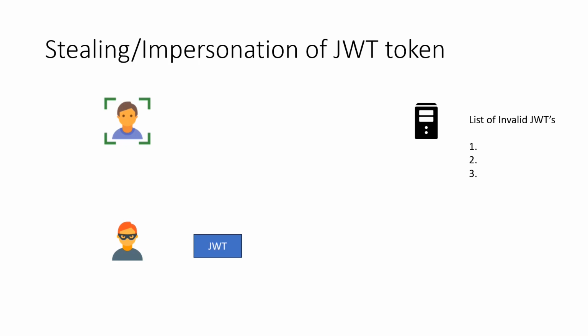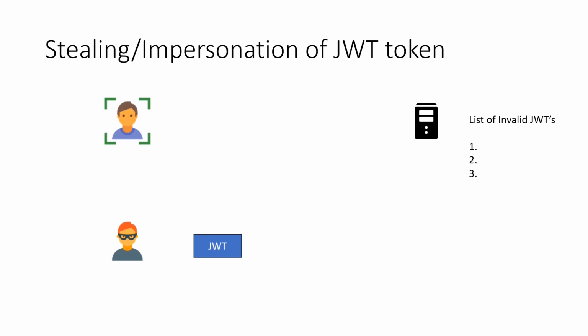Another way is that we can use the JWT token mechanism with HTTPS secure communication, so the data is also encrypted in transit. If somebody listens to our conversation in transit, they are unable to get anything because it's encrypted.